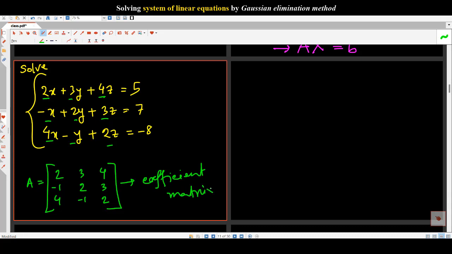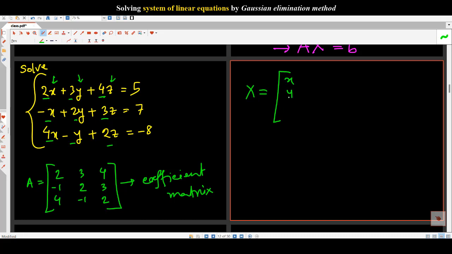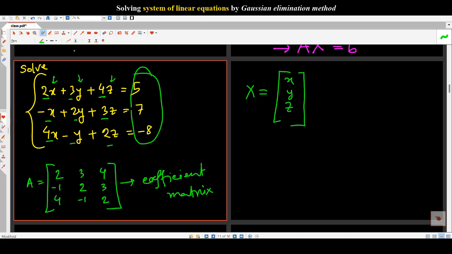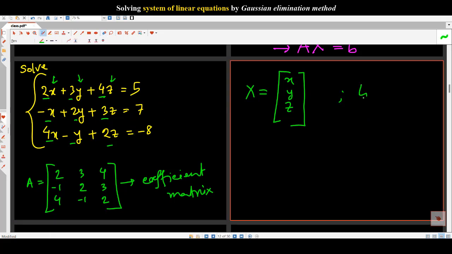We have just collected the coefficients from this system of equations and we have written in a matrix form, that is matrix A. How many variables you have? You can see x, y, z. So we can think about the main solution set X equals x, y, z. This is the column matrix. Think about the right side values. We have here B, that is 5, 7, minus 8.